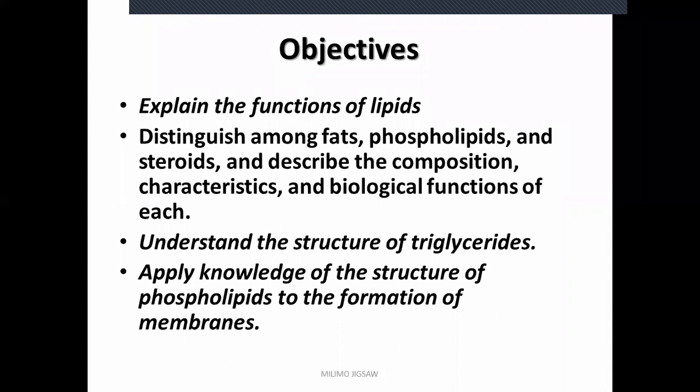And then we need to understand the structure of triglycerides, and also apply our knowledge of the phospholipids to the formation of the cell membranes.